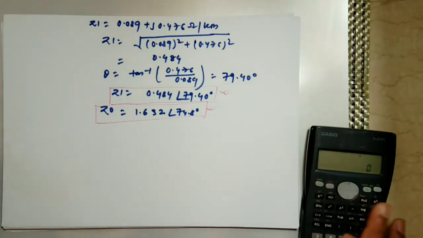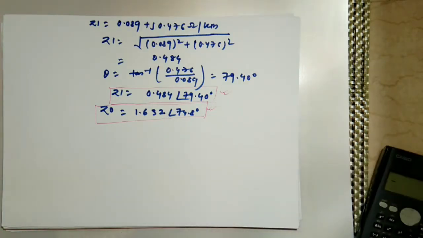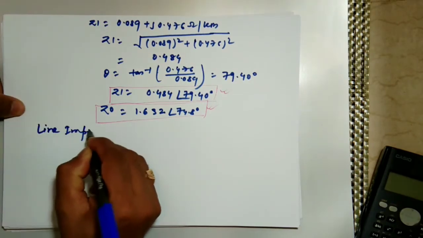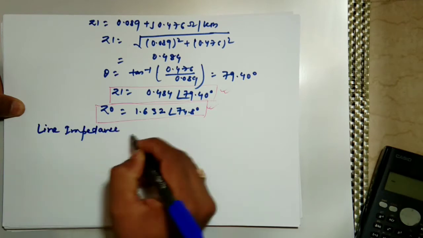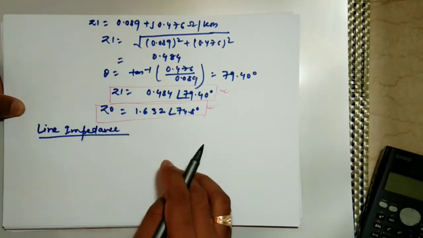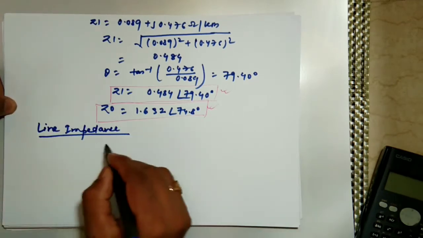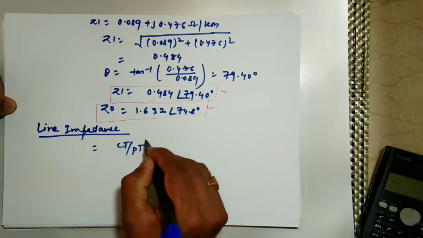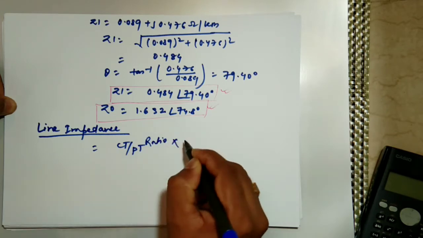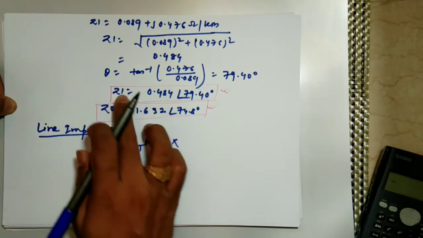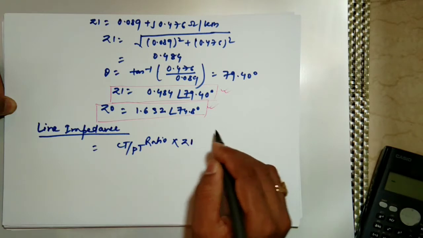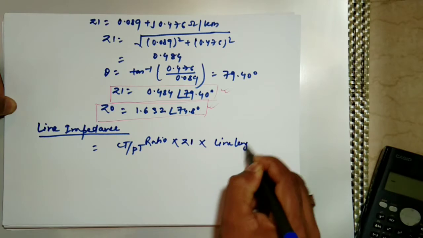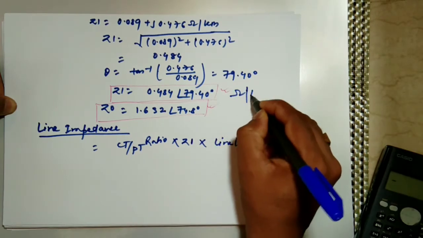So it's time to calculate the line impedance. Line impedance will be equal to CT by PT ratio into positive sequence impedance Z1 and into line length, since this value is in ohm per kilometer.